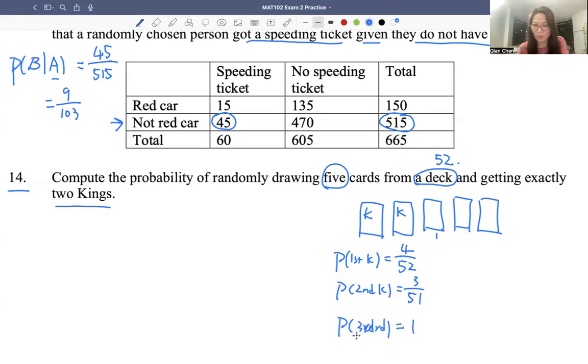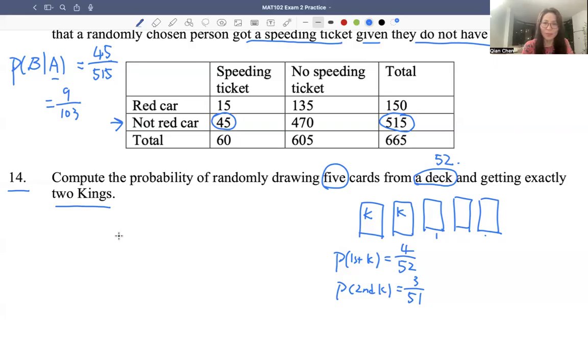The probability of getting any card out of the 50 cards left can be any one, so that's 50 out of 50. Then 49 out of 49. Then 48 out of 48. So we don't have to consider that, because it's any card. The only thing we have to consider is those 2.